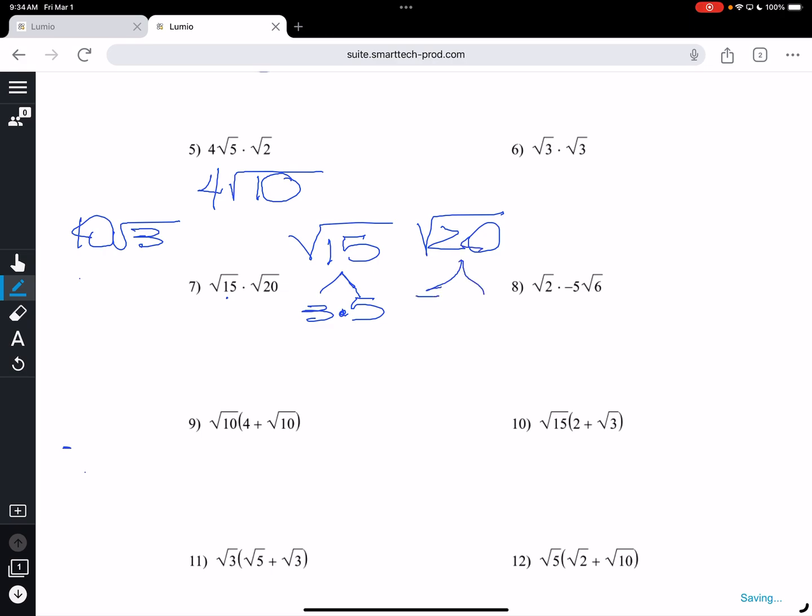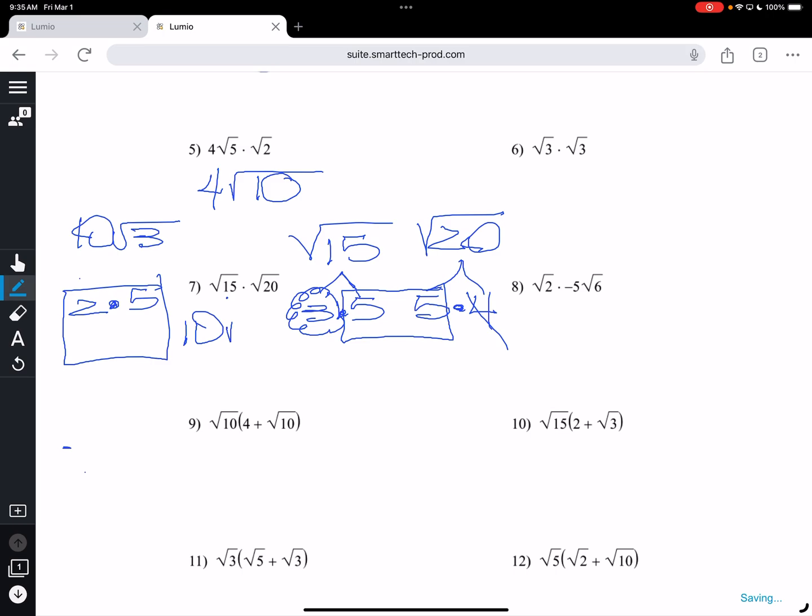So I'm going to write it though, 5 times 4. 4 is a perfect square and comes out as a 2. Look, we have two 5s. They come out as a 5. 5 times 5 is 25, which gives us 5. And what's left behind? 3. So 10 radical 3.